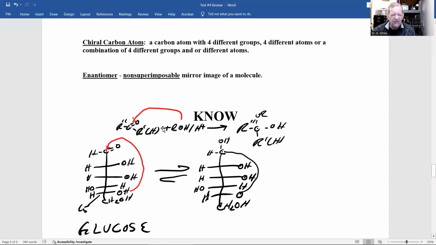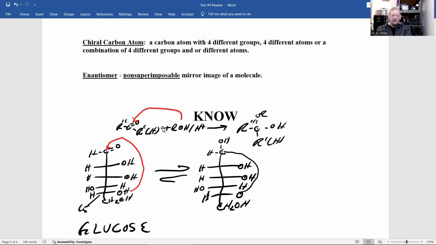Now, next, I asked you to know about enantiomers. What is an enantiomer? A non-superimposable mirror image of a molecule. So your hands are enantiomers, they're non-superimposable mirror images.